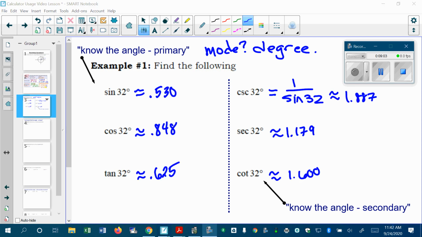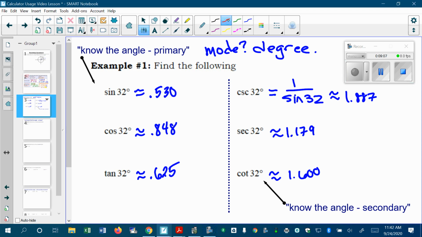Okay, here are the numerical answers. And hopefully you saw that this entire page was all about 32 degrees. So when I found the sine of 32, if I moved right over to here, that gave me a shortcut, right? Or it gave me part of the answer for the next one, right? So I could just do 1 over my answer from sine of 32 and get the cosecant. If you didn't see that, it's no big deal, okay?